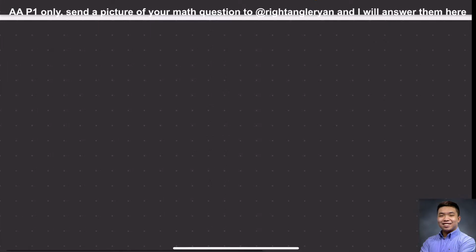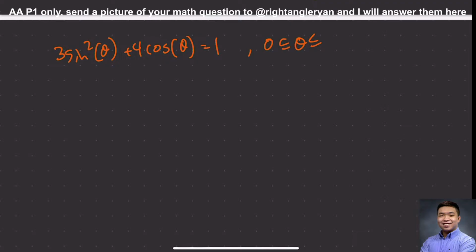Okay, so one more question. Let's say we have to solve 3 sine squared theta plus 4 cosine theta equals 1, and theta has to be between 0 and 2 pi.